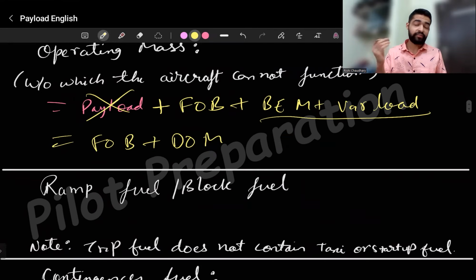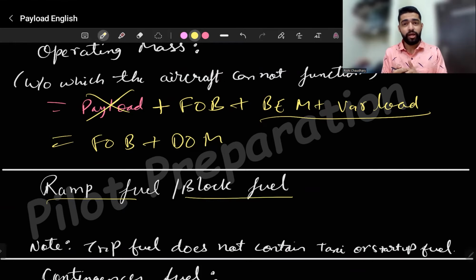Now let's come to the next part, which is ramp fuel or block fuel. We have learned about fuel on board. Fuel on board consists of trip fuel and reserve fuel. But that is the fuel when you are taking off. Those two types of fuel are there in your aircraft. But before taking off, if you go back, you were taxiing. And before taxiing, you start your plane. When you're starting your plane and when you're taxiing, these also require some fuel.